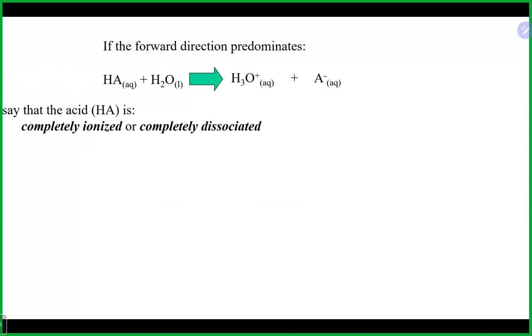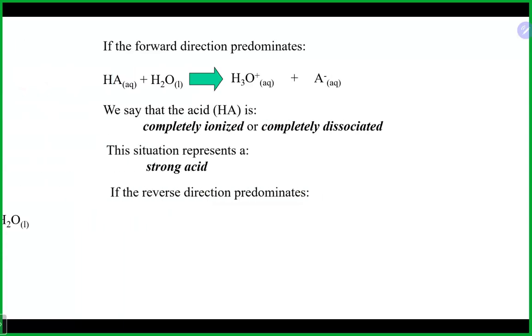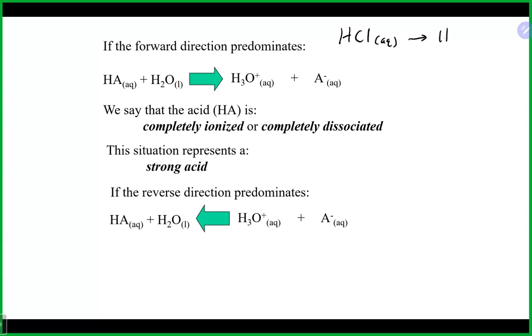If the forward direction predominates, that is a strong acid. What it means is it is a strong electrolyte. It will 100% break apart in solution into ions. Hydrochloric acid, as we saw earlier, is a strong acid. It is a strong electrolyte. It is a one-way street.